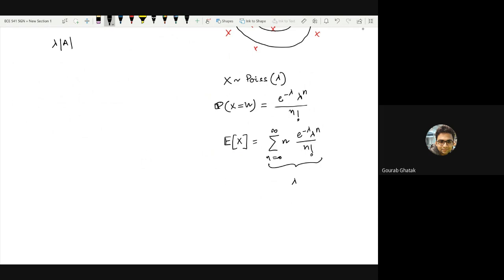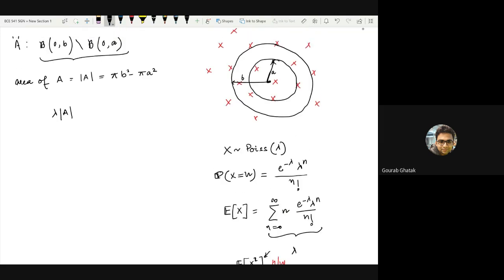As a homework, try to find out what would be the second moment of X. Okay, never mind.